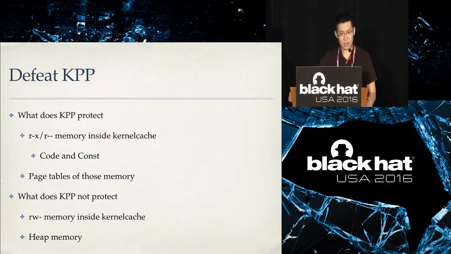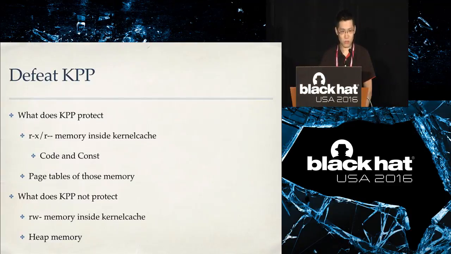That means Apple wants to protect all the kernel text code and all the const variables. Also, we found that the page tables of those protected memory are also protected by KPP. That means you cannot change the protection of the memory from RX to RWX. If you make it writable, KPP will also trigger the panic.